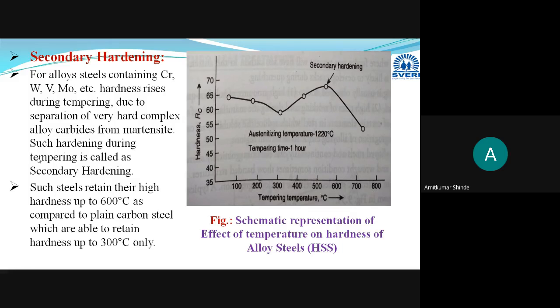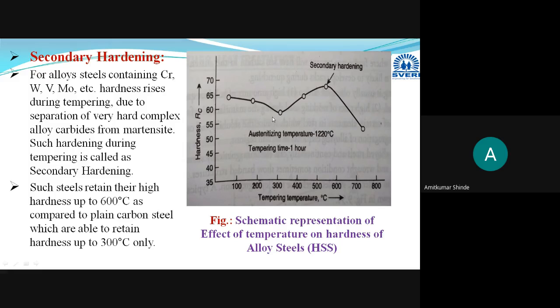Generally, we perform tempering for improving ductility and decreasing hardness. But here, in some alloy steels, due to the separation of these alloy carbides, hardening of the steel occurs during the tempering process. That's why this is termed secondary hardening.